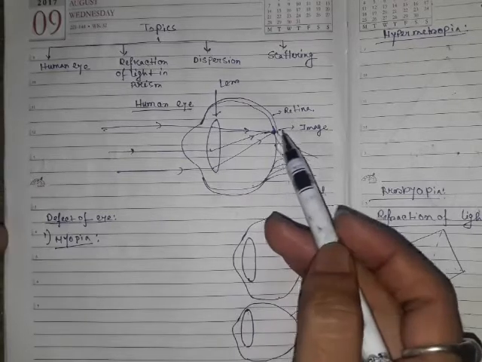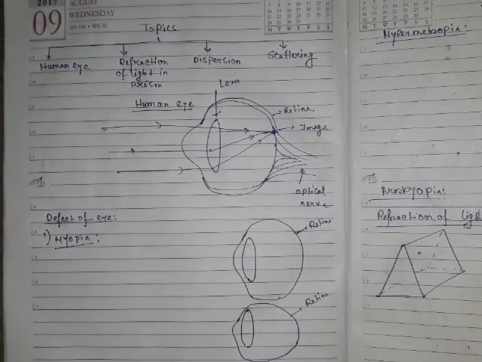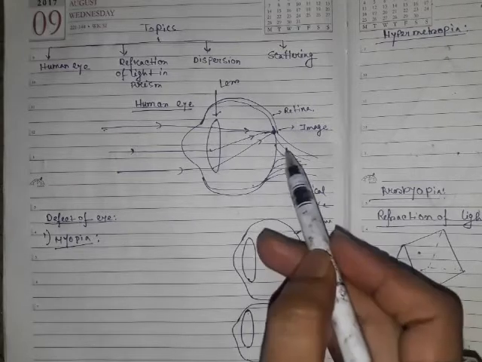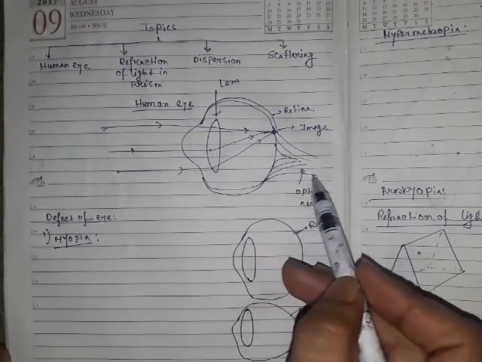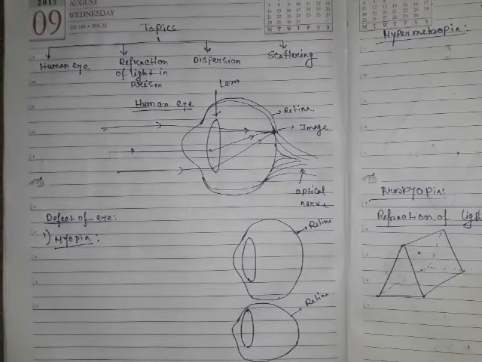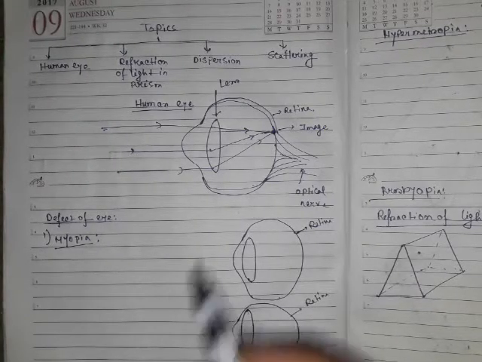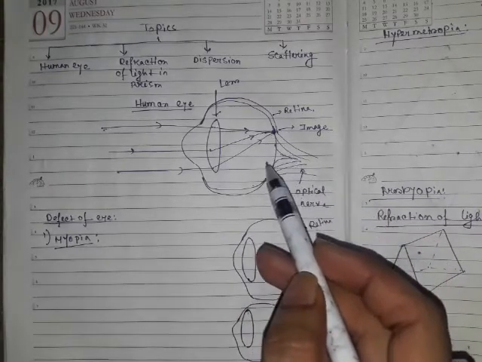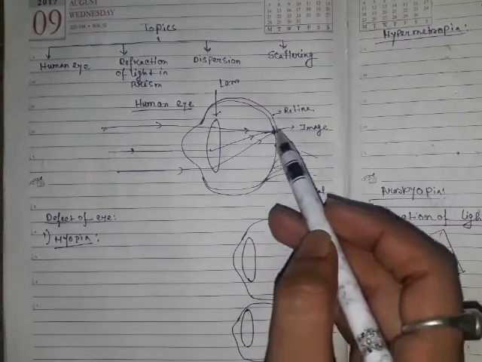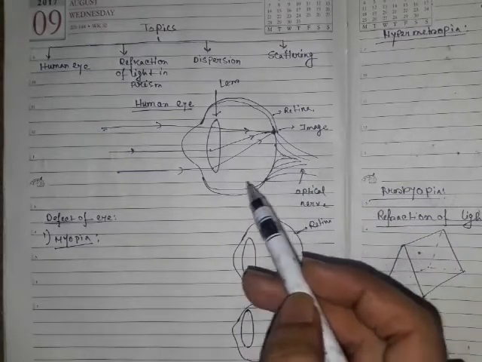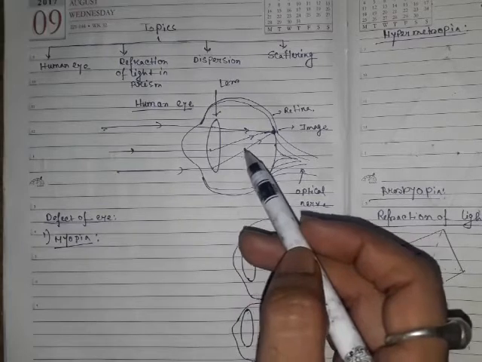They receive the light and create an electrical impulse or electrical signal that is transmitted via the optical nerve to our human brain. The main function of the retina is to create an image, which is a real image, and it is an inverted image. That's how our eye actually works.